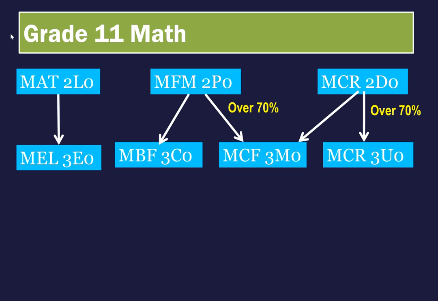They're looking for you to have the grade 12 functions, which you can only take if you take grade 11 functions. Okay, if you took the MCR2DO, then you can look to move to the MCR3UO. Again, I would suggest you only do this pathway provided you got over 70% in MCR2DO. I think that should be MPM2DO.